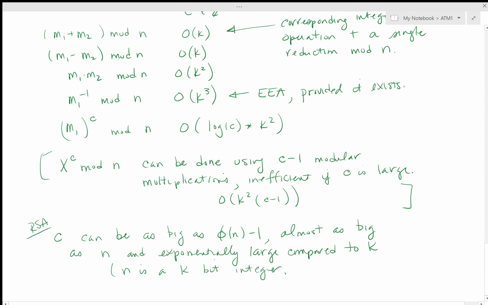Okay, so I am not spending a lot of time on this. What I wanted to do here is give you a presentation of how long it takes to do these things, how many operations it takes, and that sets the stage for the next lecture, where we're going to learn about the square and multiply algorithm, because that reduces the time to compute x to the c mod n by a significant margin, and that's what we need.